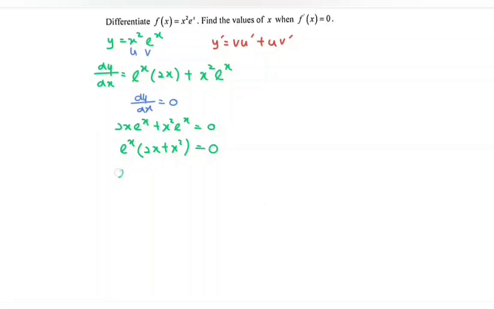So as we can see, exponent x equals to 0, continue, x is equal to 0, and then bracket we have 2 plus the x is equal to 0. So for this case, x is equal to ln 0, where we have no solution. Another one, x is equal to 0. Another one, we have x is equal to negative 2. So that is the value of x when f prime x is equal to 0.